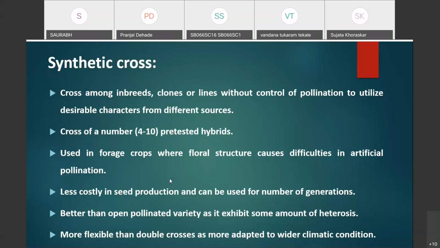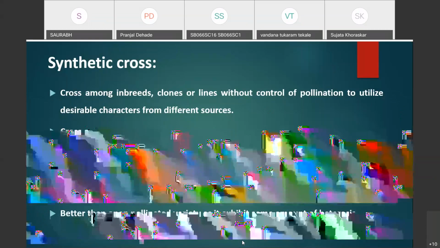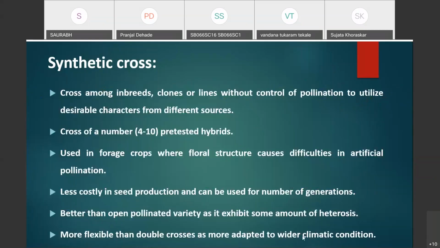Then the synthetic crosses are better. The variety which is produced by the synthetic cross is better than the open pollinated variety, as they exhibit some amount of heterosis. Heterosis means the variety which is produced shows more hybrid vigor, or we can say the variety which is produced is more vigorous than its parents.